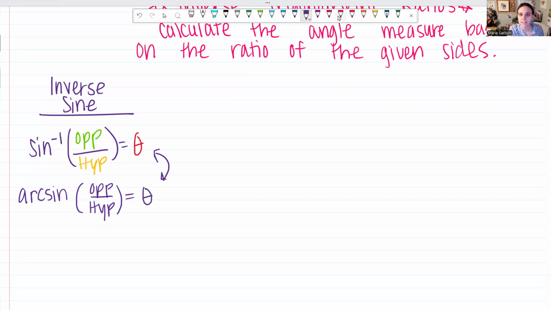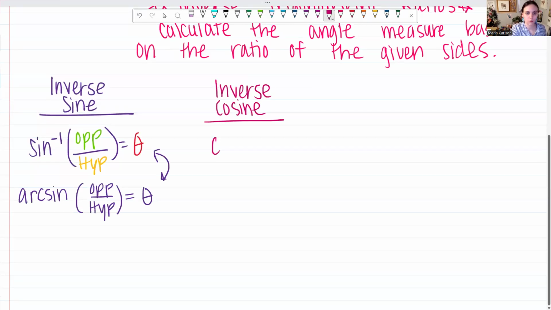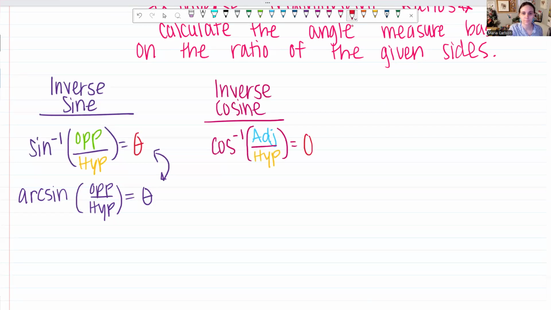All right, next we have the inverse cosine, or cosine to the negative first power. We would evaluate the cosine to the negative first power of that adjacent over the hypotenuse, and that would tell us the measure of the angle theta.